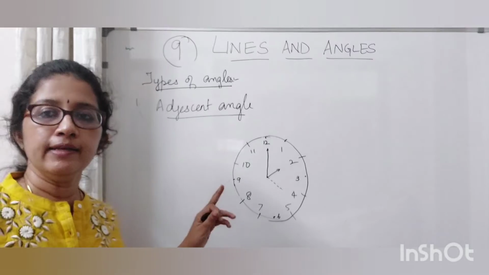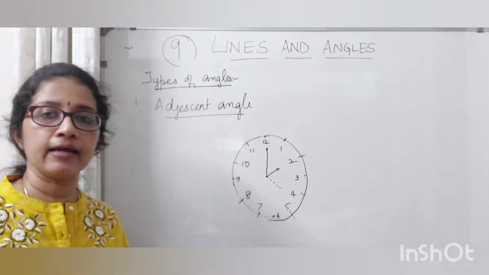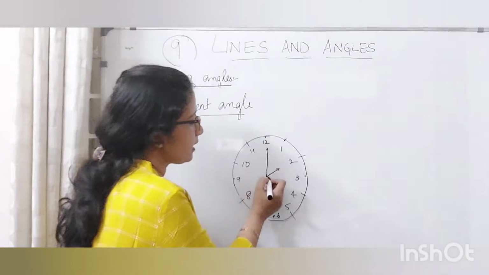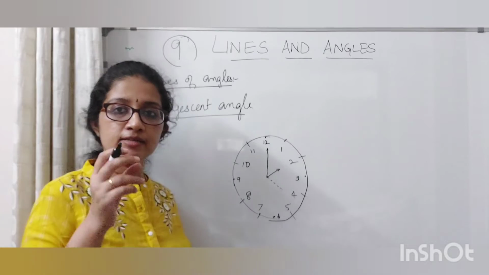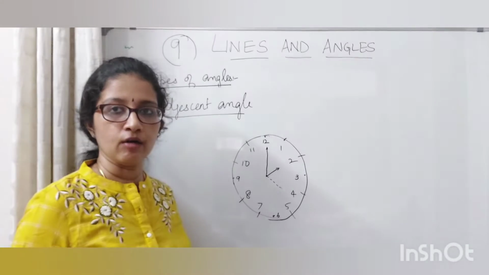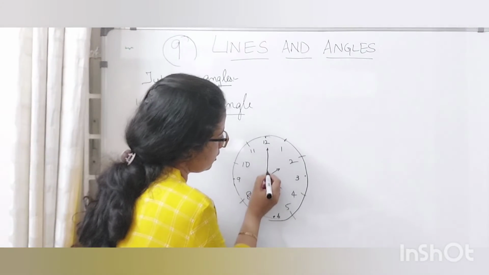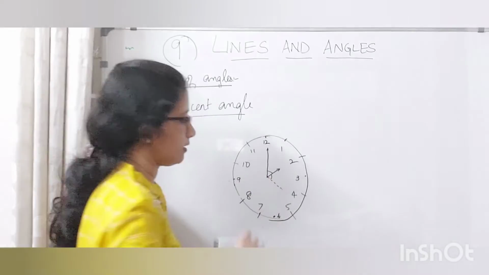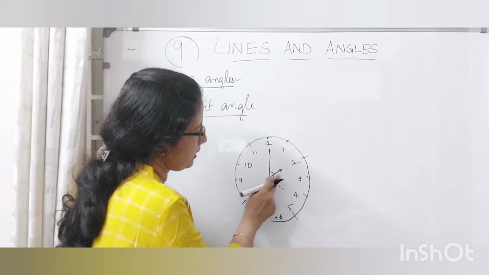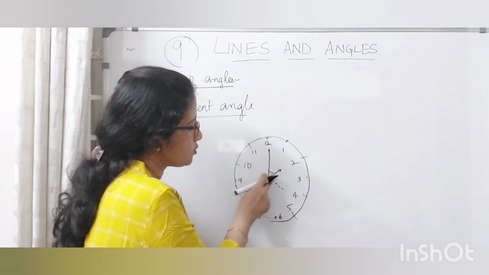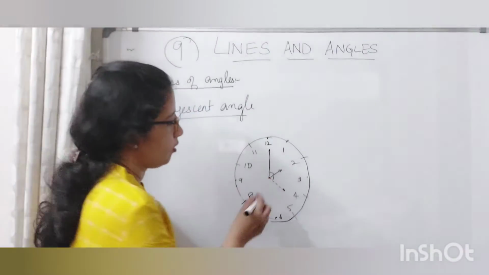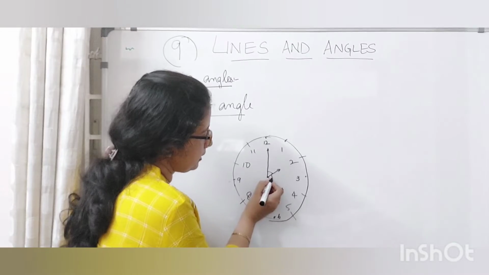Now this is an example of an adjacent angle. See, in a clock there are three hands, where there is a second hand also. So minute hand, hour hand and second hand. So this is an angle and this is an angle. There is an angle between the minute hand and hour hand, and an angle between this hour hand and this second hand.